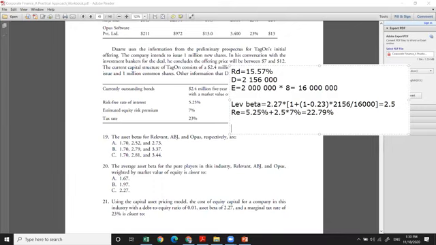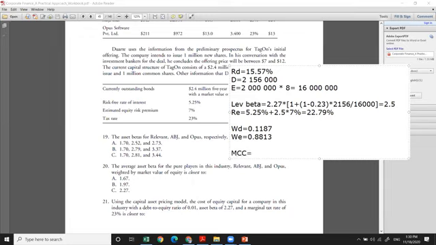This is the proportion of debt, 0.1187, and the proportion of equity is 1 minus this, 0.8813.